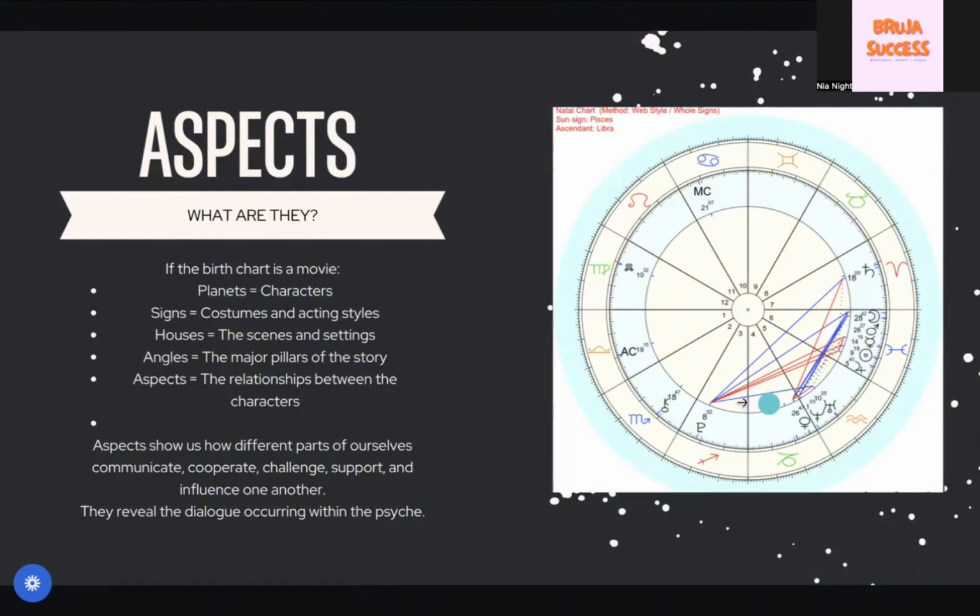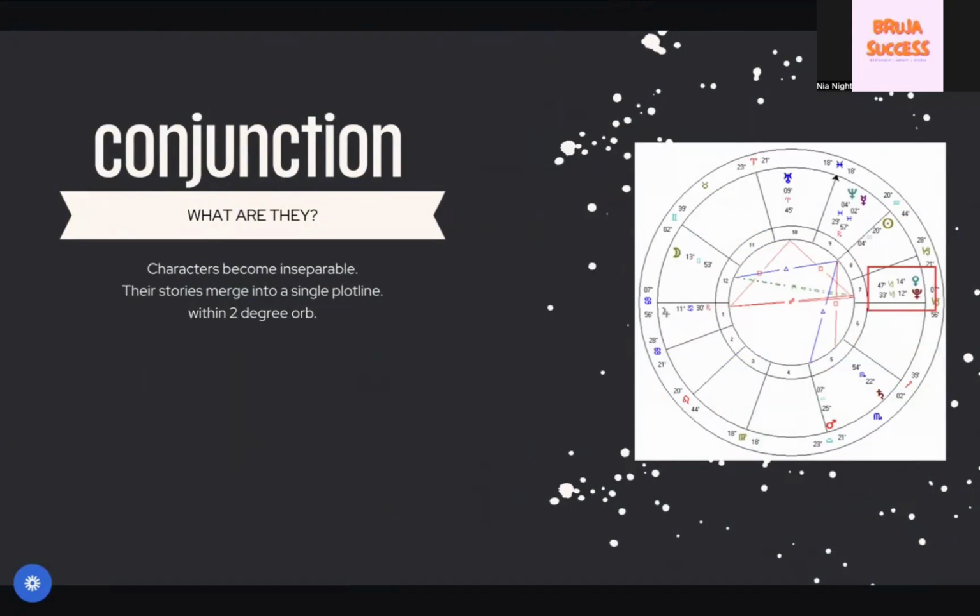So let's go ahead and jump into it. So first we have the conjunction. Now the conjunction happens when 2 planets are sitting right next to each other in the sky. And now if we have 2 or more planets in conjunction, that's how we're getting stelliums, okay? Now, because the planets are so close together, their energy blends.